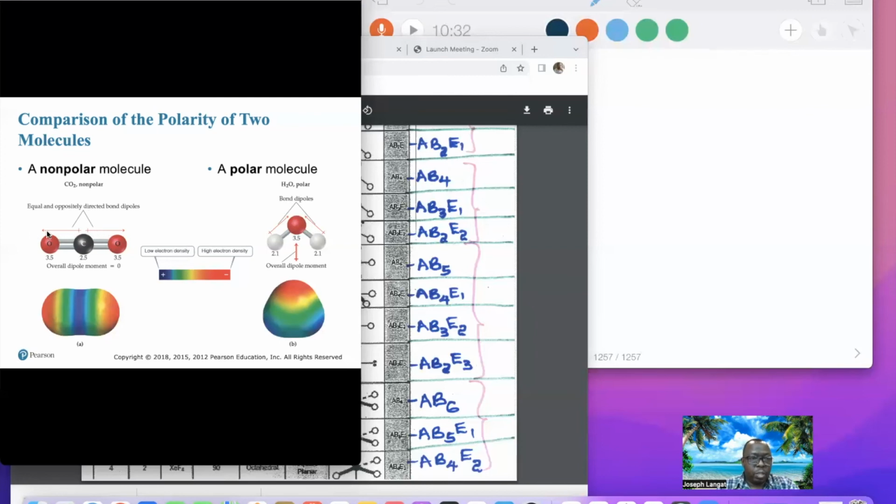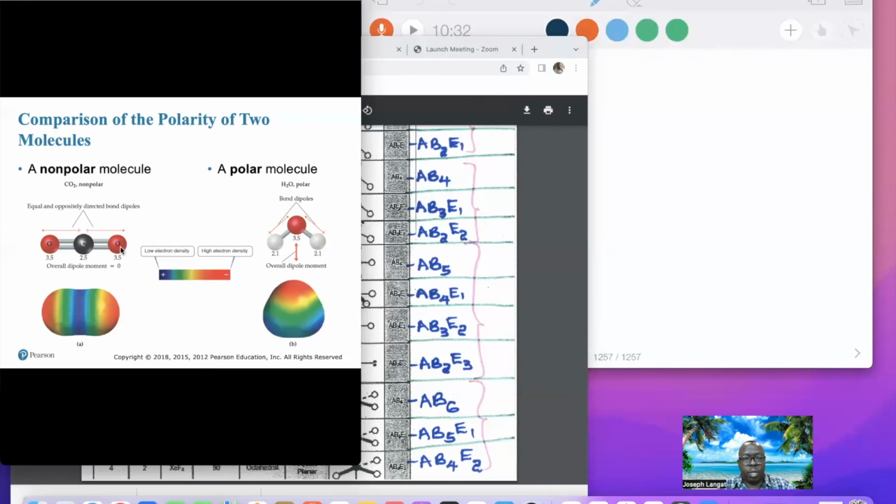The arrow you see here represents the force by which electrons are pulled between two atoms in a covalent bond, whether it is a triple, single, or double bond. Oxygen is more electronegative than carbon.